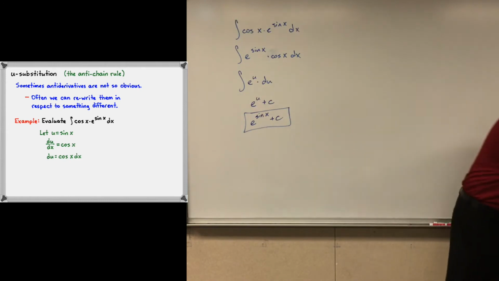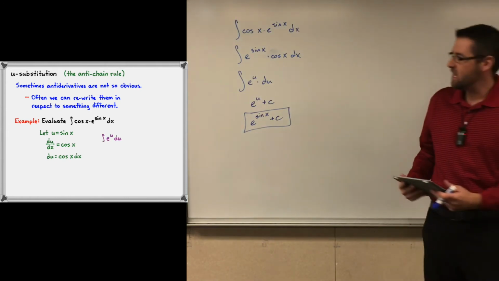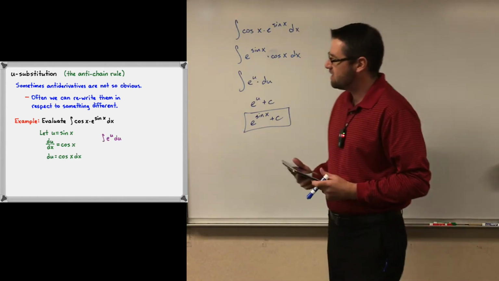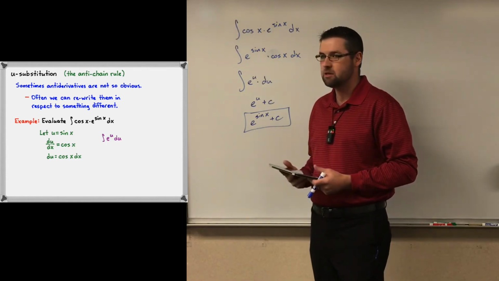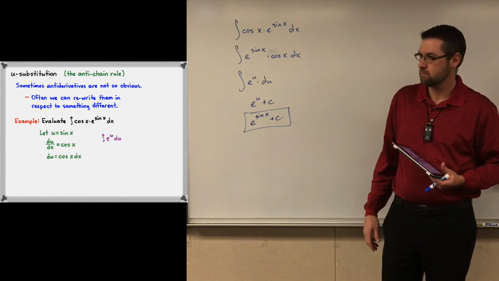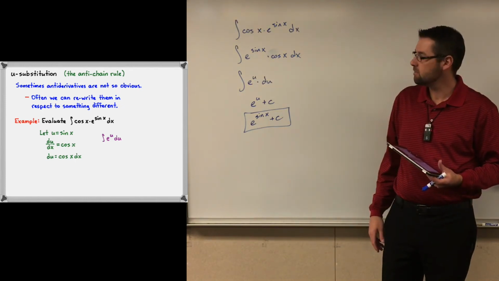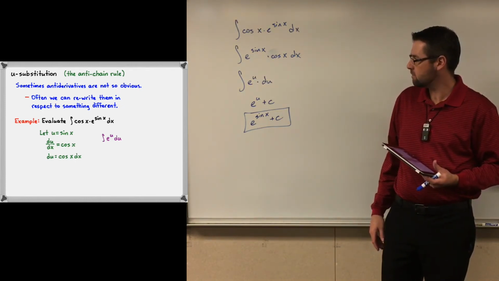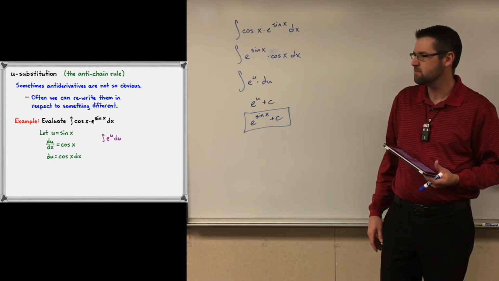So let's go back up there. So instead of the integral of cosine of x e to the sine of x, we could just say it's the integral of e to the u du because I replaced a bunch of stuff.